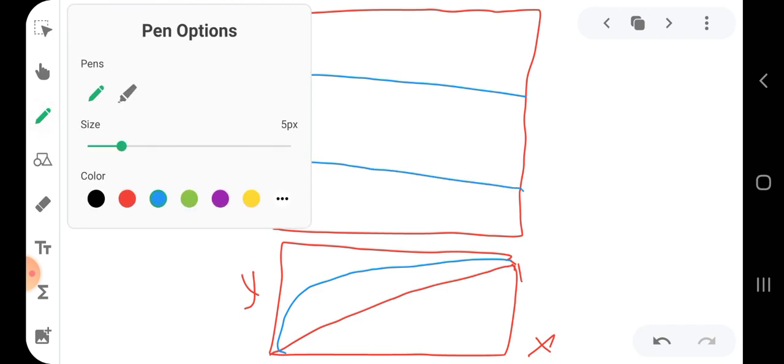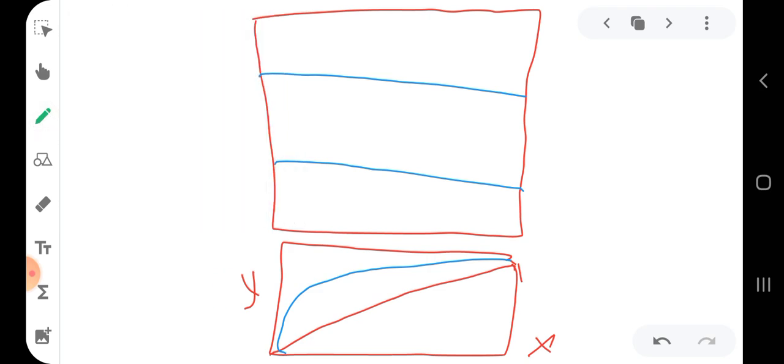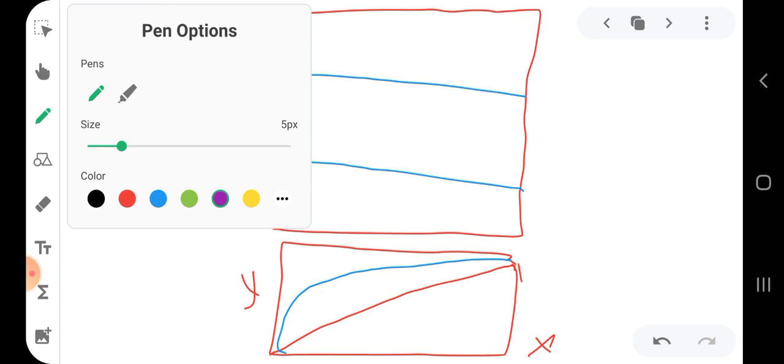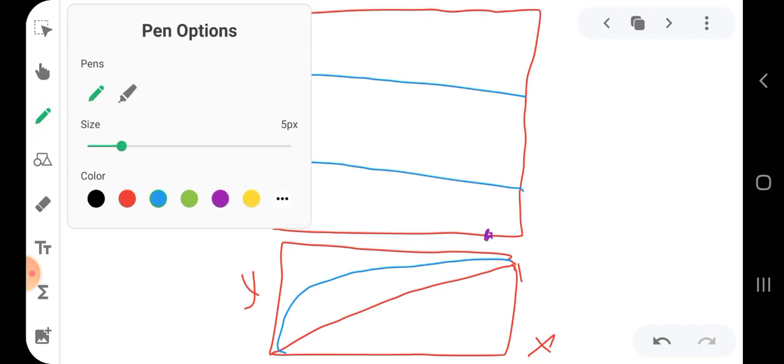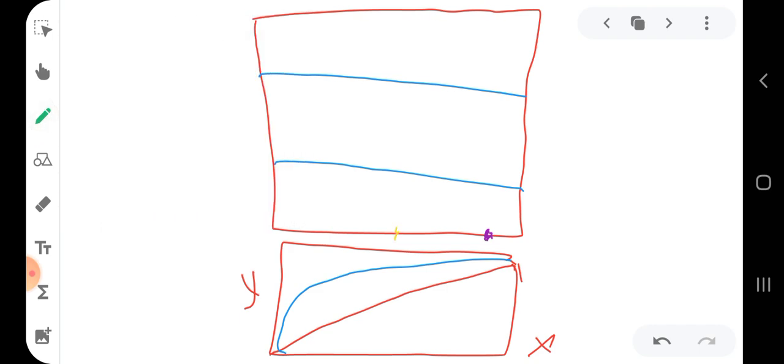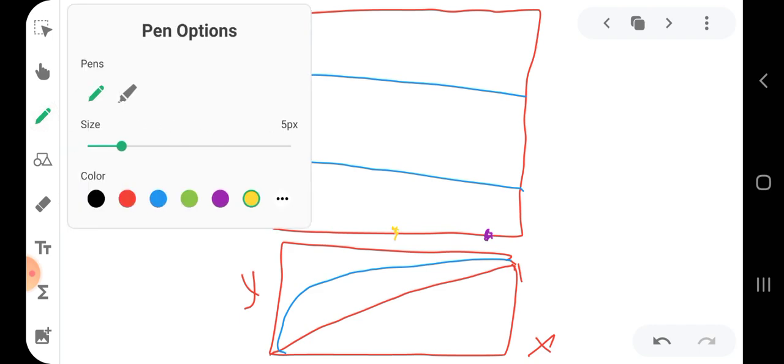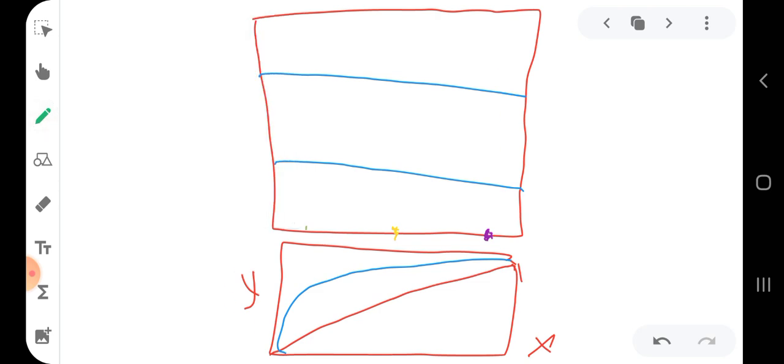Let's say that this purple point represents the xD, this yellow point represents zF, and this green point represents xW, and we have here the OW and the OD operating points.